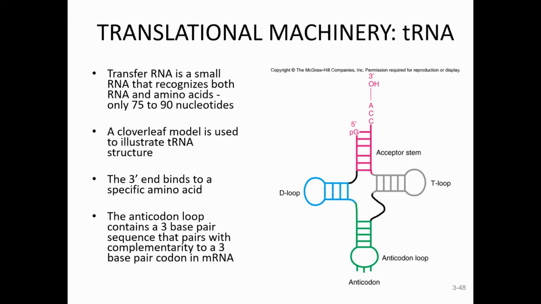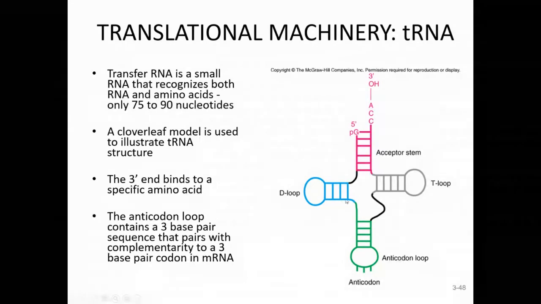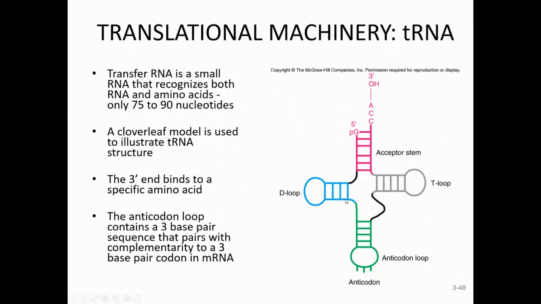So the D loop and the T loop. This is the T psi C loop, and here we have the dihydrouracil loop, so basically the uracil has been modified.